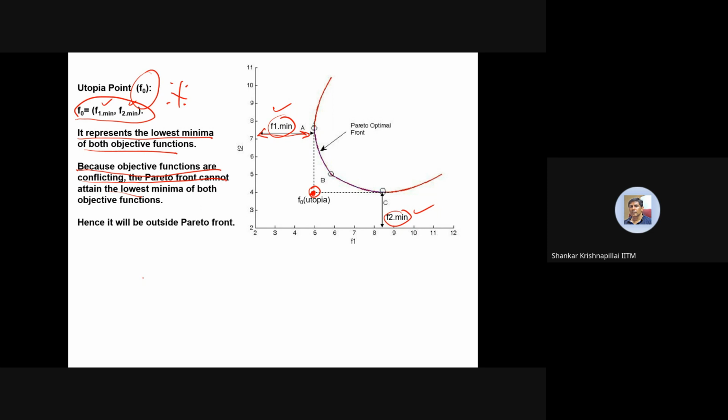So the Pareto front can either obtain F1 minimum at A, or it can obtain F2 minimum at C. So either A or C. It cannot reach both A and C simultaneously. So what is the use of finding the utopia point?